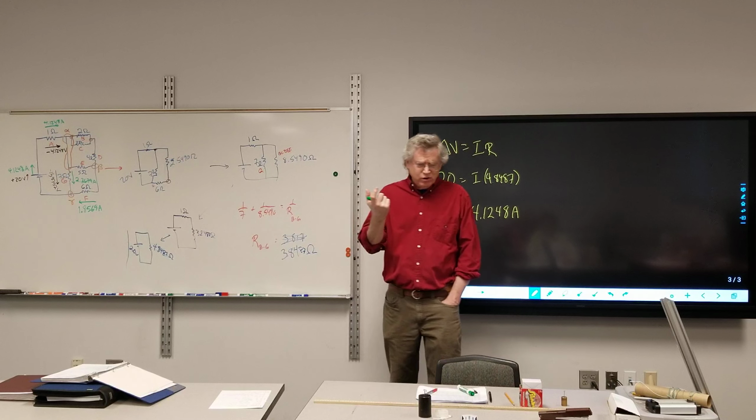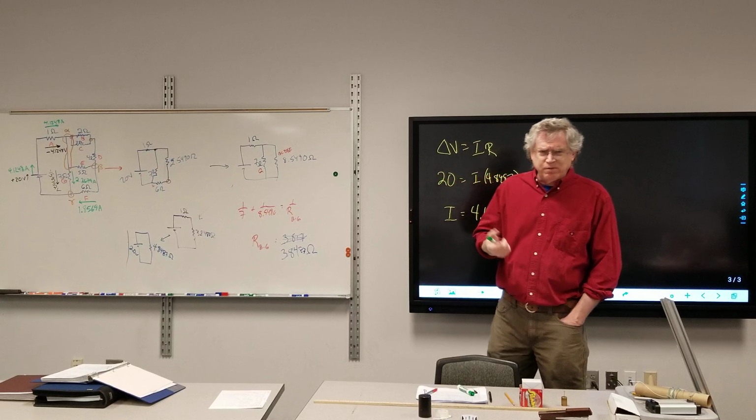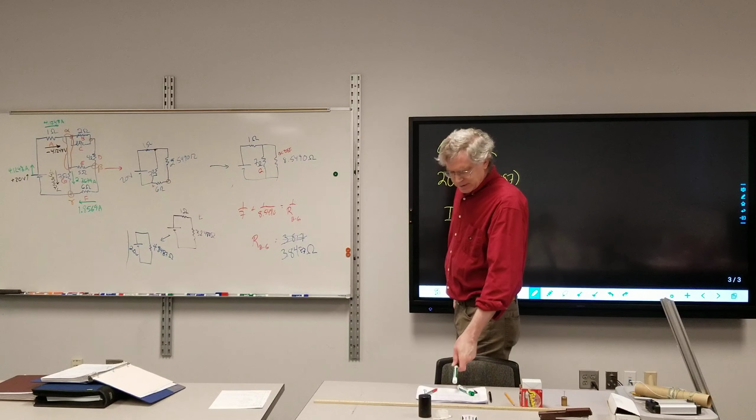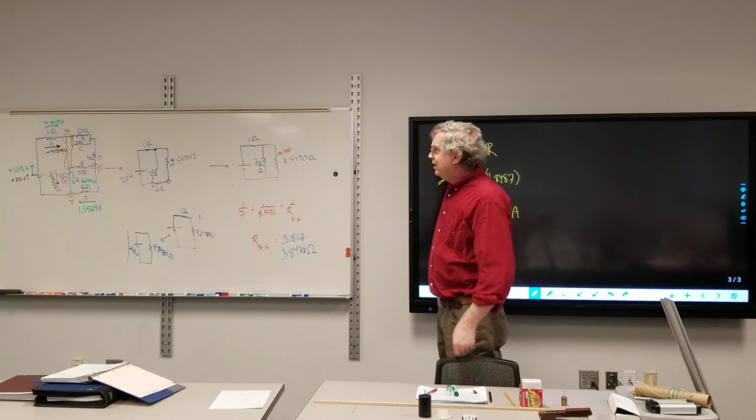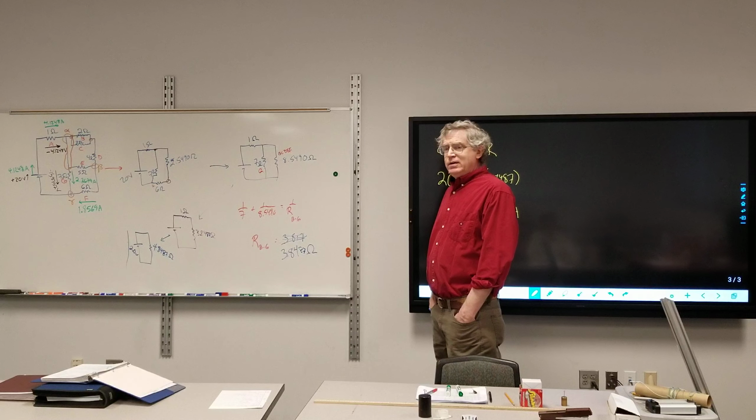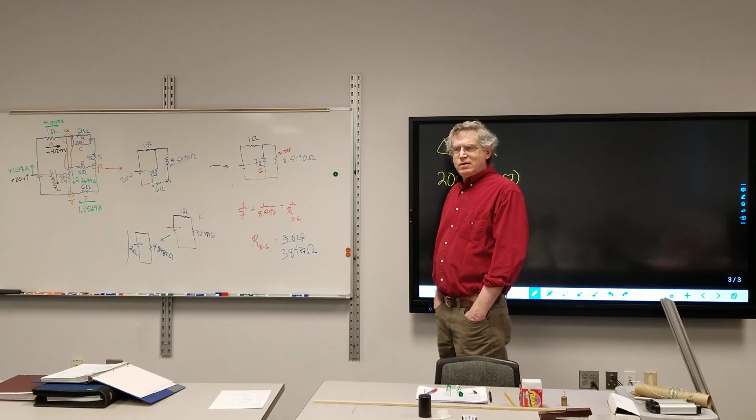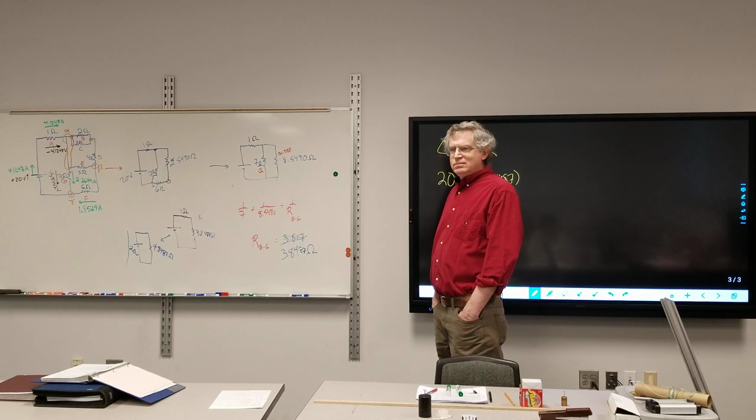Wait a second. I know the current flowing across resistor F. What's the voltage across resistor F? Or how would you find it?